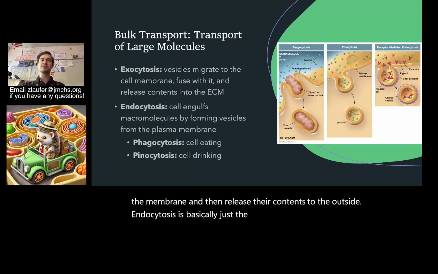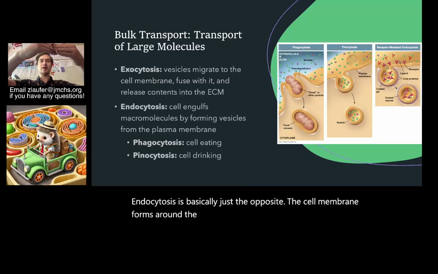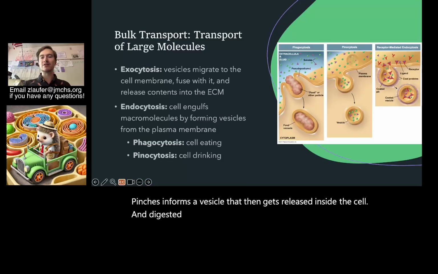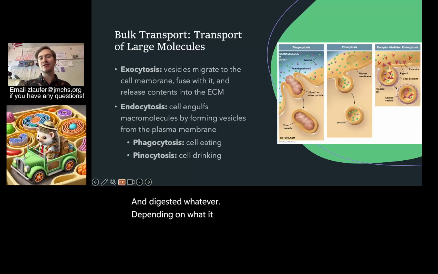The cell membrane forms around the nutrients, pinches and forms a vesicle that then gets released inside the cell and digested, whatever. Depending on what it is, if it's eating solid things, then it's called phagocytosis, cell eating.